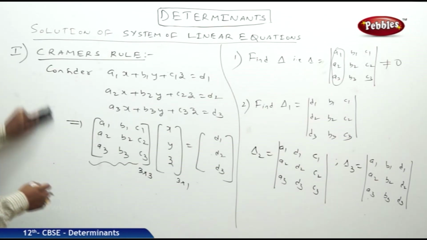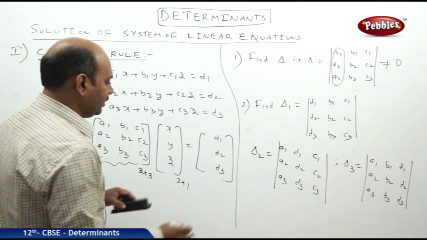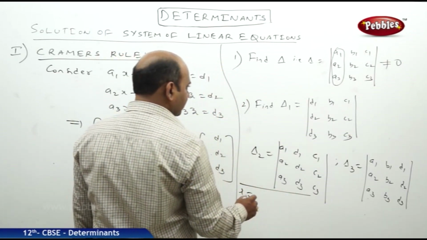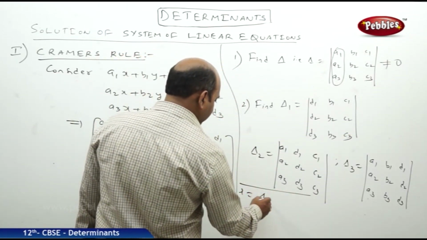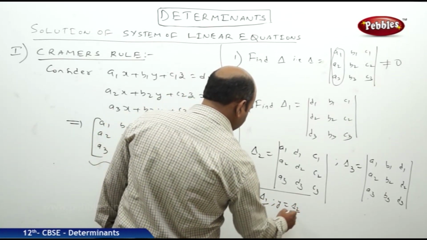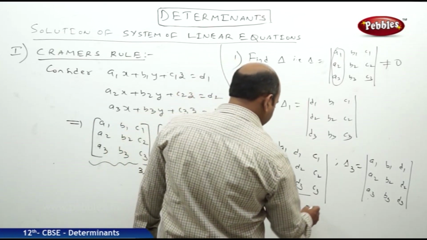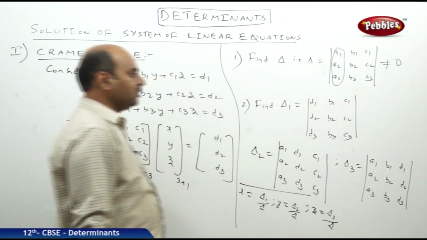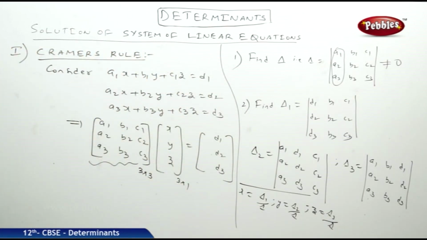How can we find them? Here I am telling: x is nothing but delta 1 by delta, y is nothing but delta 2 by delta, and z is nothing but delta 3 by delta. This is the standard procedure of our Cramer's rule.